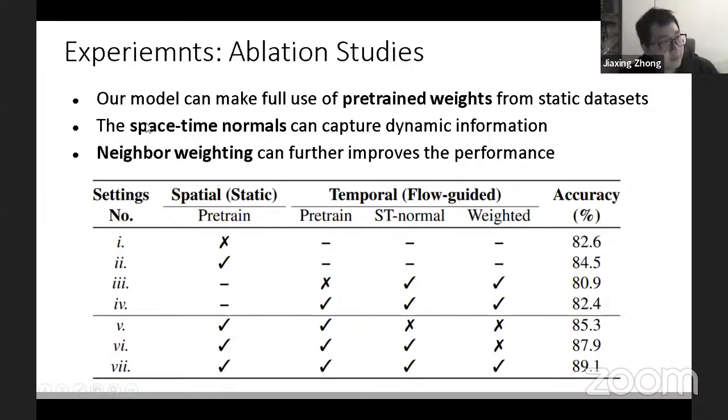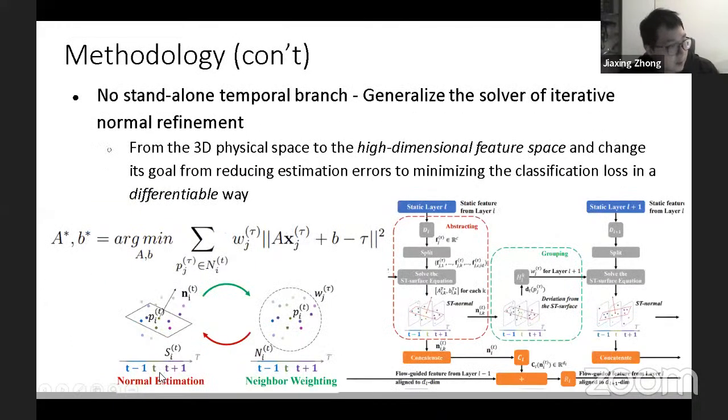The second aspect is the space-time normals, which can indeed capture the dynamic information, and we also improved it. The third part is the neighbor weighting process.